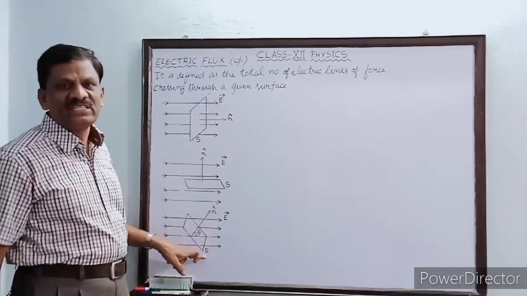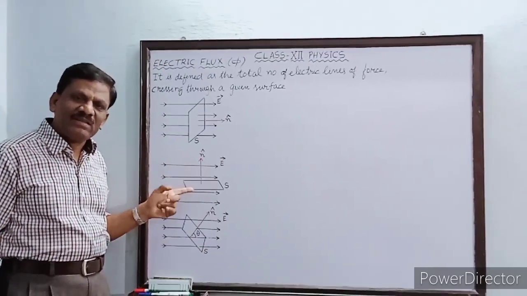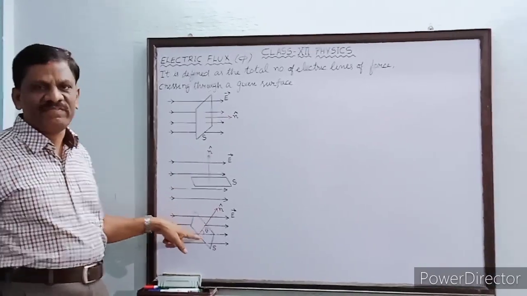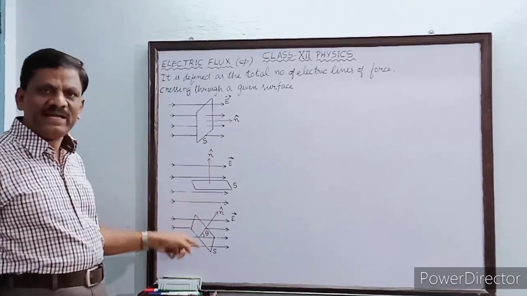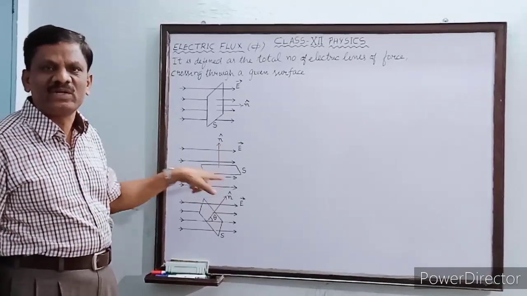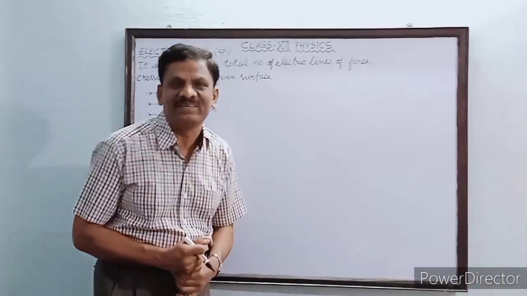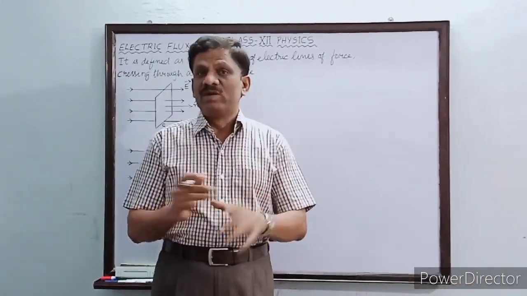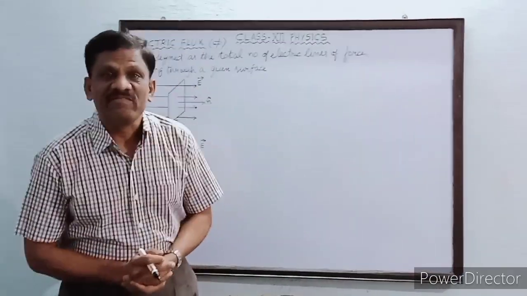And in the third picture, neither perpendicular to the field nor parallel to the field, the area S is inclined at some angle theta with respect to the direction of the uniform electric field. Good. Now we want to define what is meant by electric flux.